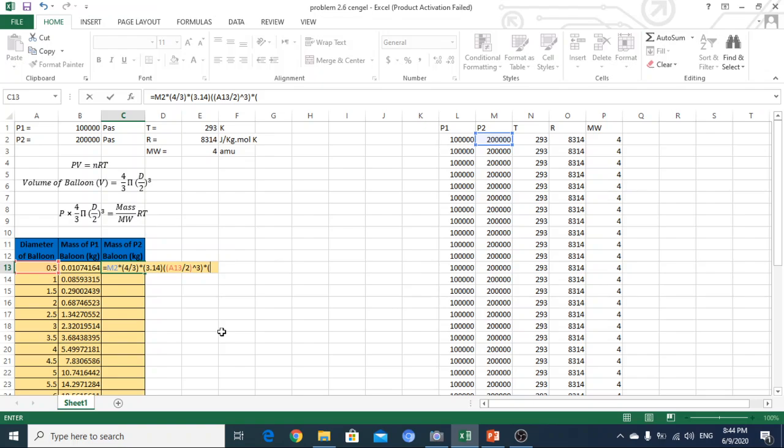Okay, where we are, we have to multiply it with the molecular weight as well, bracket close.